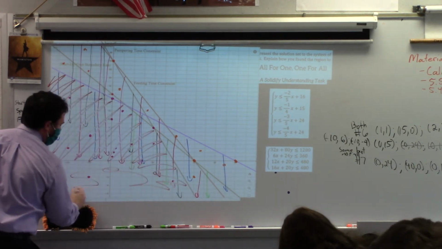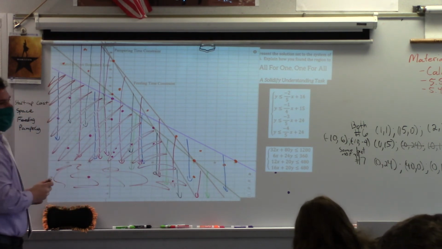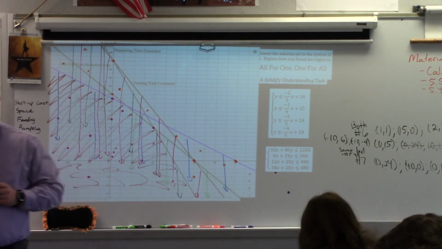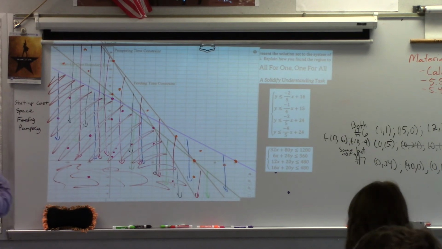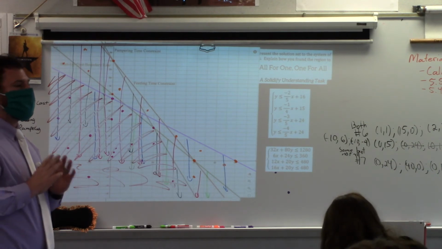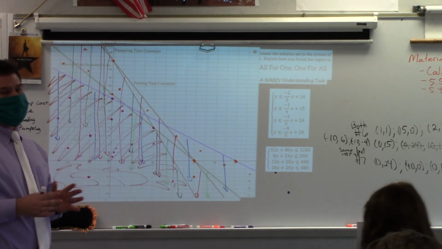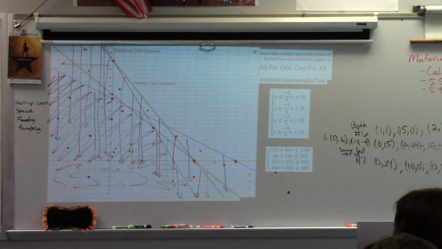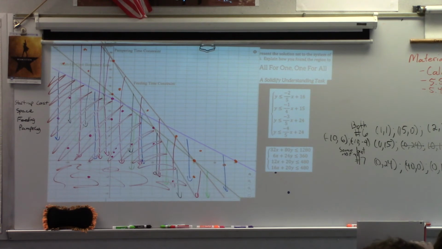Now, does that get messy when you have 4 constraints? Yes, I can't even tell. I know, it's tough to tell, but we will get to a point where we're only mostly looking at 2 constraints at a time, okay? But the biggest thing I need you to take away from this is, how do we indicate the solutions to the entire system of inequalities?